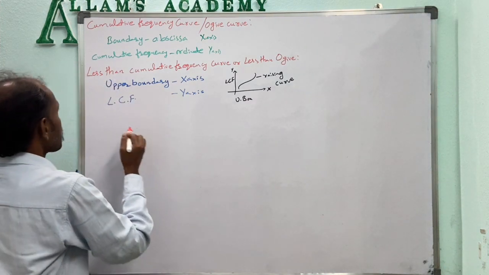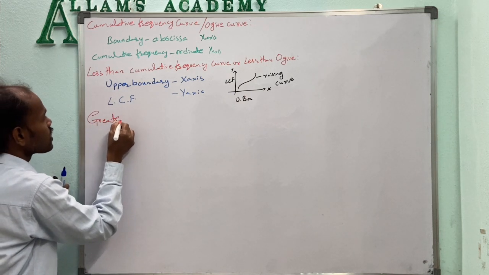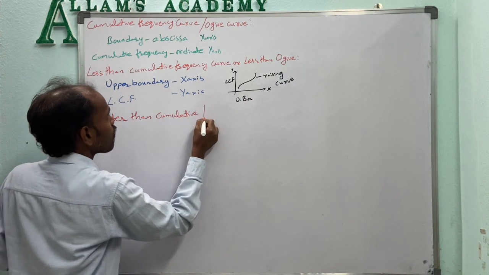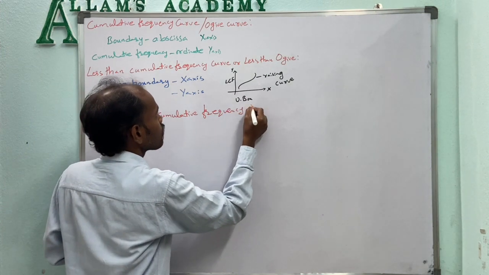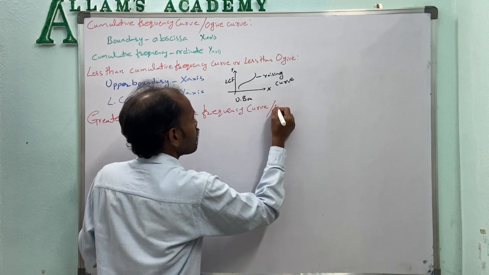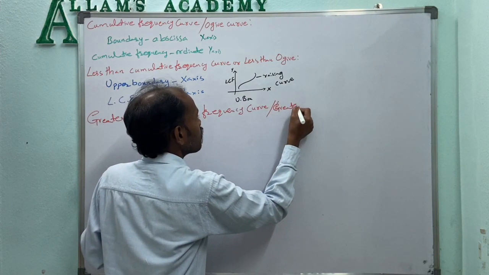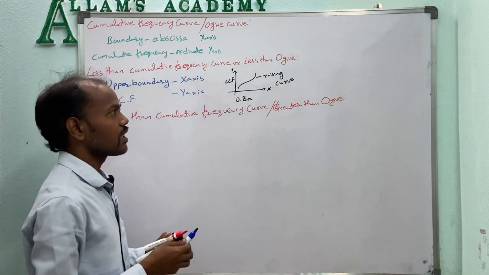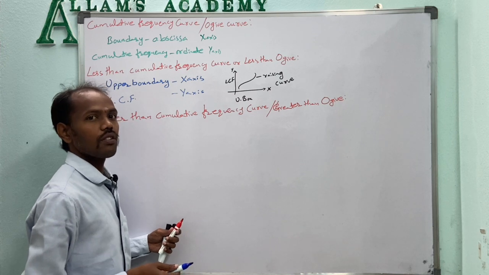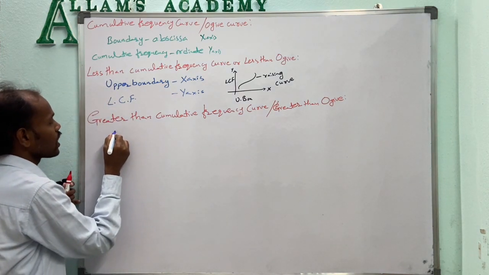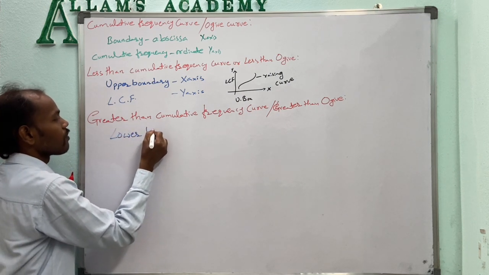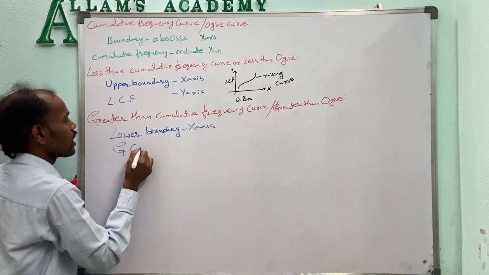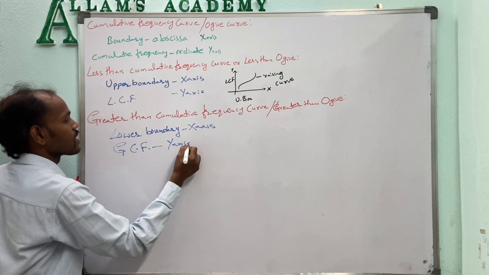Okay, now the greater than cumulative frequency curve, otherwise the greater than Ogive. For this, on the x-axis we take the lower boundaries, and their corresponding greater than cumulative frequencies on the y-axis.